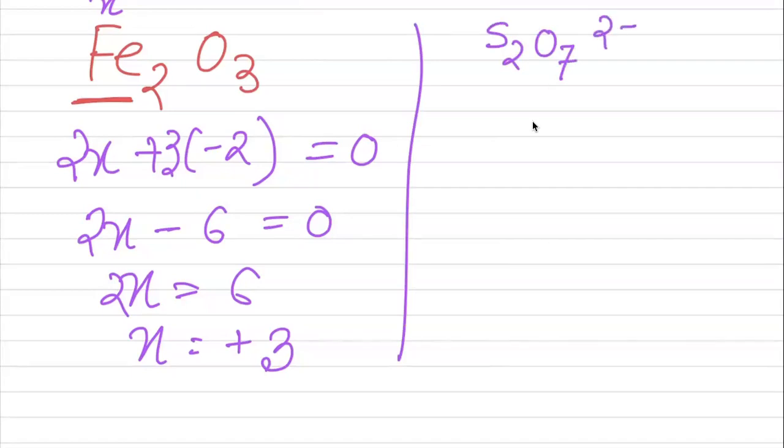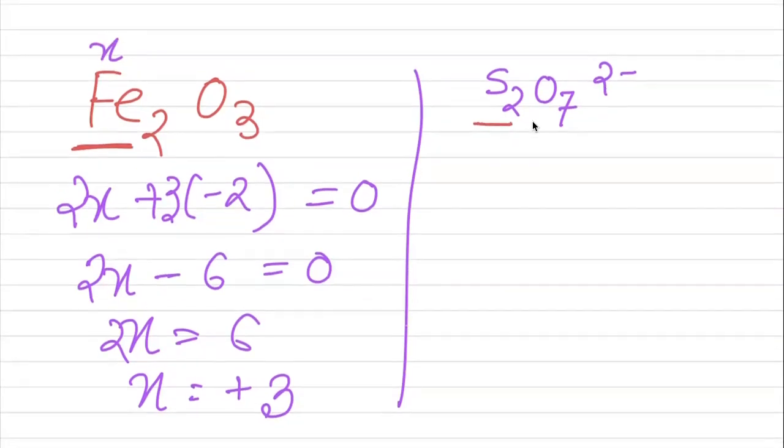You have to calculate the oxidation number for sulfur, so it will be X. How many sulfur atoms are over here? 2, so it will be 2x.